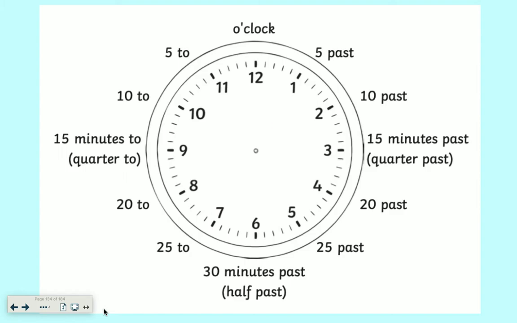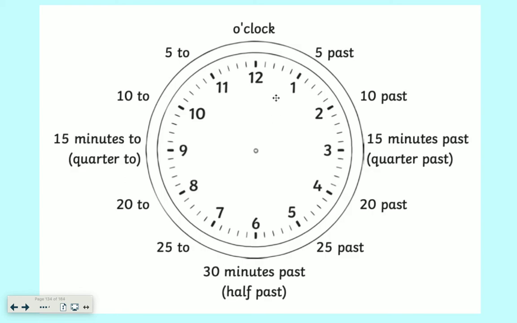So you're going to see this picture a lot this week, and it's for us to reference throughout the week so we know 100% that we can get correct answers. Okay? So, as you can see, around the side we have our 5-minute intervals.